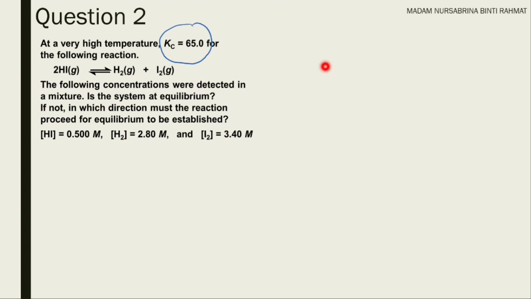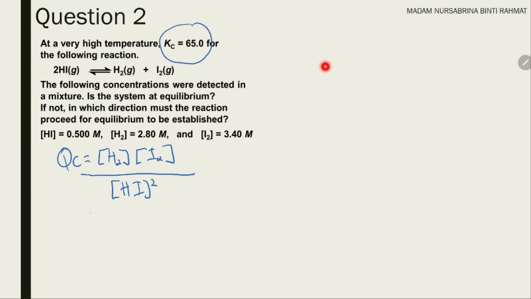For this one, it already gives you the concentrations, so we don't have to calculate them again. That means we just need to write down the Qc expression first. This time H2 is our product and I2 as well. And again, please make sure your equation is already balanced before writing down your Qc or Kc.